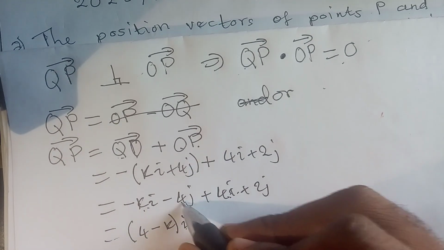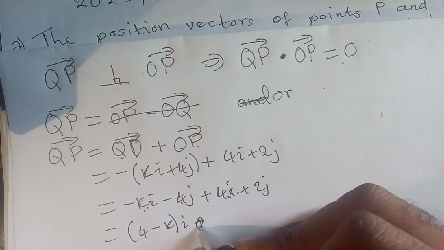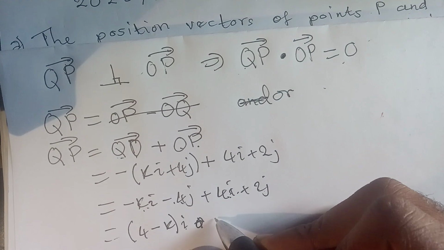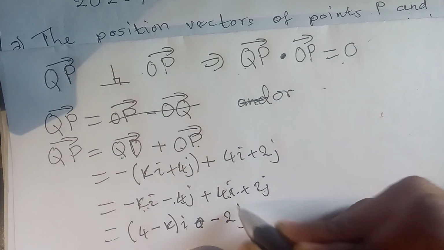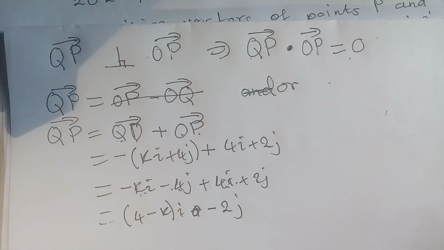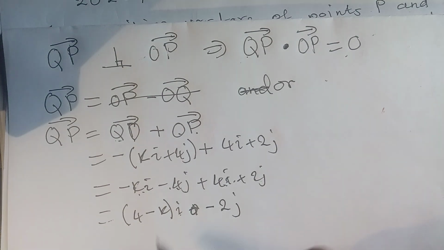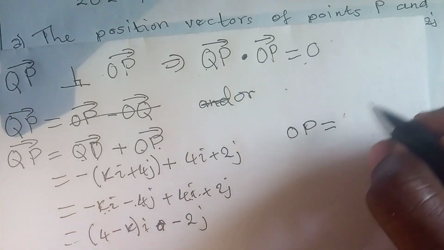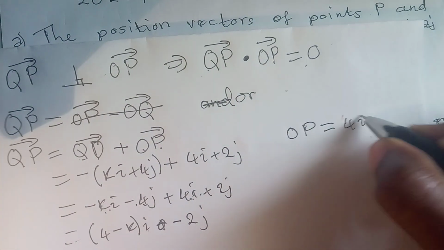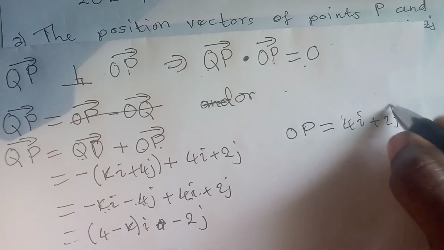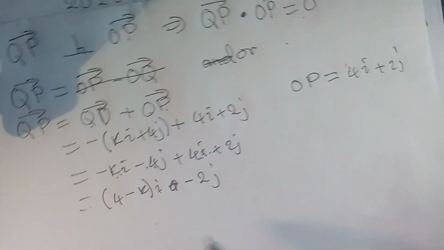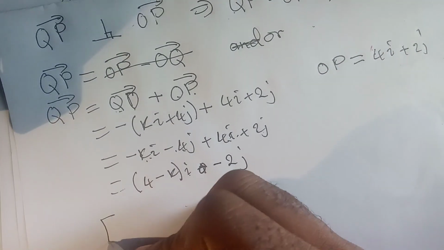And then the j terms, negative 4j plus 2j, will be negative 2j. So this is what we have as our QP. And then our OP is 4i plus 2j.